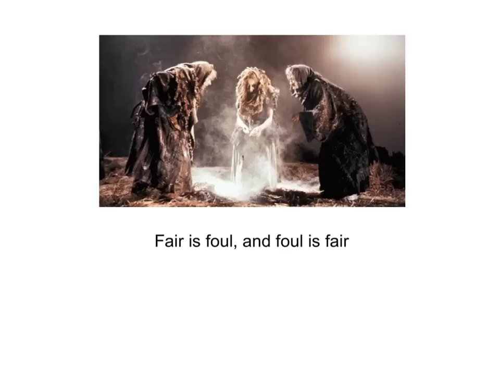We find out the location is Scotland, and we're introduced to the three witches, who are very haggard-looking. At the very beginning, they say, "Fair is foul, and foul is fair," which translates roughly into good is bad and bad is good. So we know the witches are kind of troublemakers, and they state that they seek Macbeth.